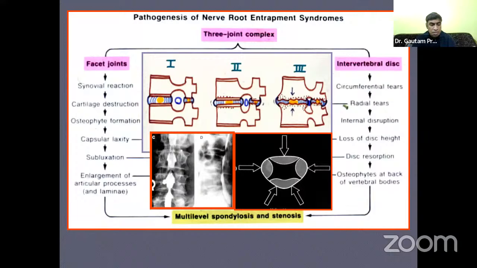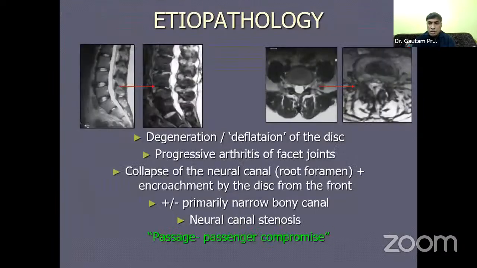So that's how the neural canal gets compromised. It's not only the foramen which is being compromised, the central canal is also being compromised. So the etiology is degenerative changes of the disc, progressive arthropathy of the facet joints, collapse of the neural canal, and encroachment of the neural foramen by the disc from front and facet from behind.